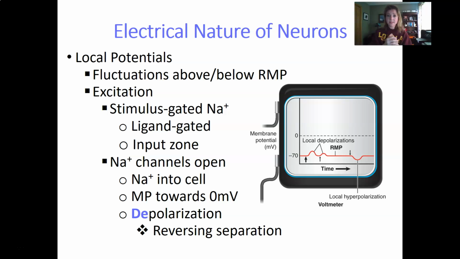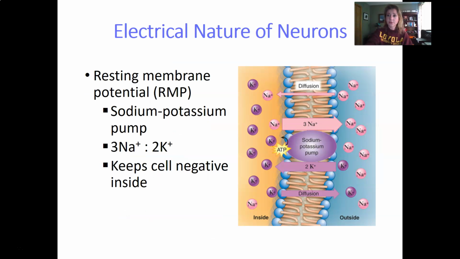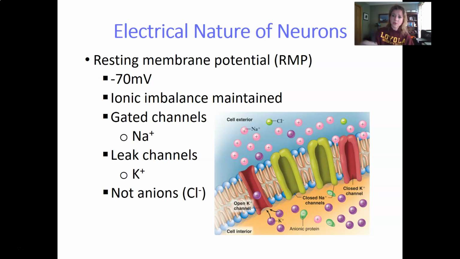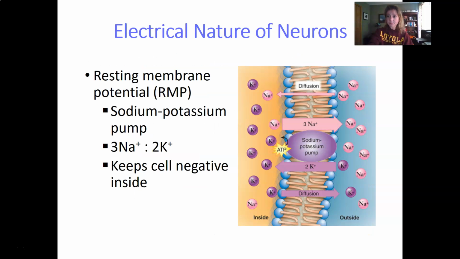And so the way that this happens is we've got excitation that occurs. We have our stimulus-gated sodium channels. So those are the sodium channels that I showed you. Let me just go back to this picture. The sodium channels that we have here shown in green, these are stimulus-gated or ligand-gated sodium channels.